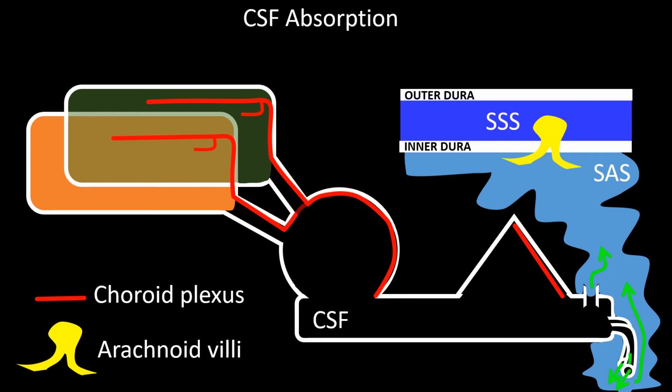There, the arachnoid granulations or villi are maximally represented, as we mentioned earlier in this talk. It is through these structures that the CSF enters the venous circulation at a rate of 150 ml per 6 to 8 hours.